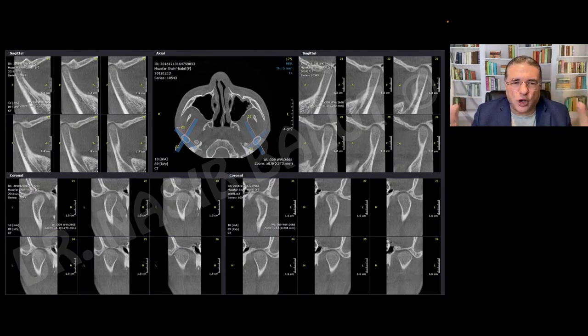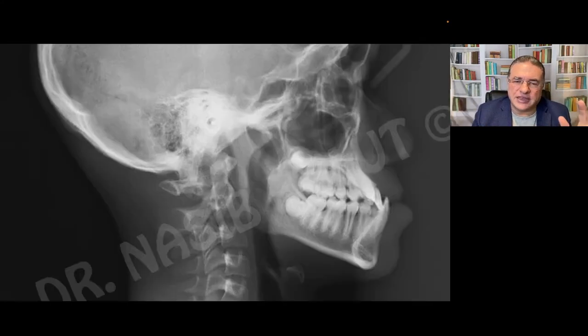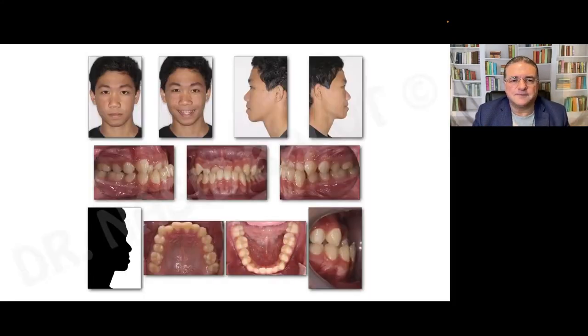So what are the options that I have with this patient? Let's go back. I can start the treatment with intermaxillary class 3 elastics, light. If they don't work, I might use a mini implant in the mandibular shelf, trying to distalize the whole lower dentition.